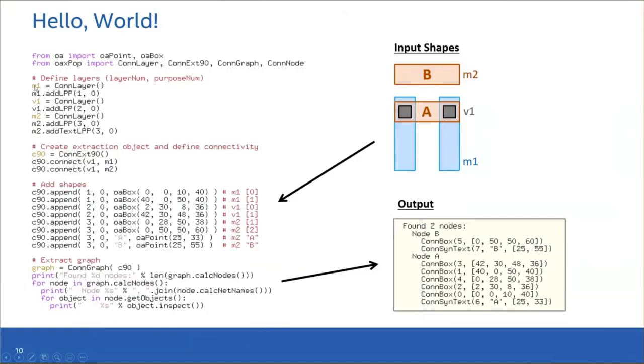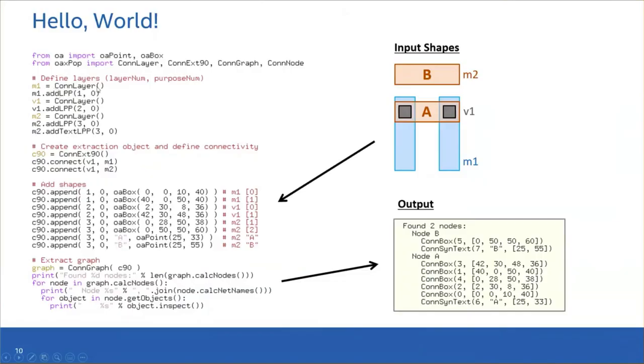So the first step is to define our layers. Here in this example, I have Metal 1, VO1, and Metal 2, and I'm going to build up this picture basically in the shapes down here. I define Metal 1 as being a layer, and because you can have more than one layer purpose pair associated with Metal 1, for example, a Metal 1 drawing, a Metal 1 fill layer, or other layers that may be represented on different layer purpose pairs in OpenAccess but electrically are the same layer, it is a little bit more verbose.